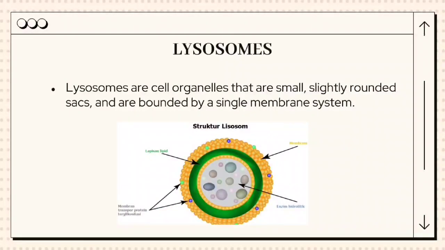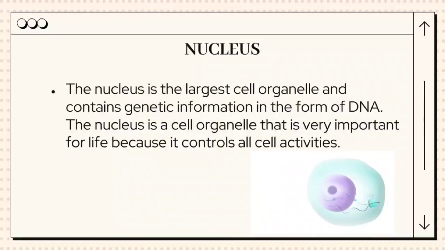And then lysosomes. Lysosomes are cell organelles that are small, slightly rounded sacs, and are bound by a single membrane system. And then nucleus. The nucleus is a large cell organelle and contains genetic information in the form of DNA.